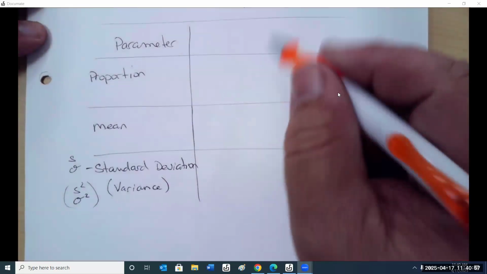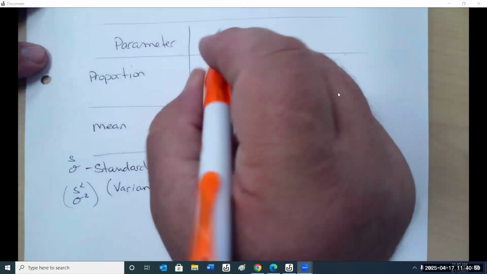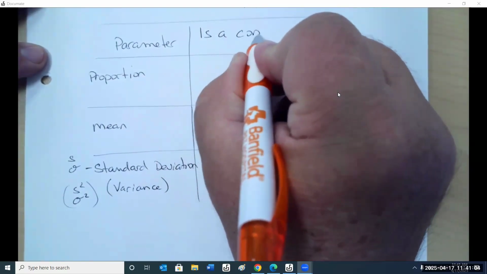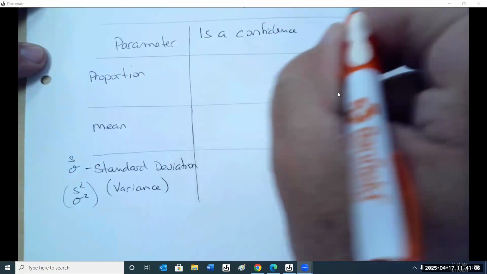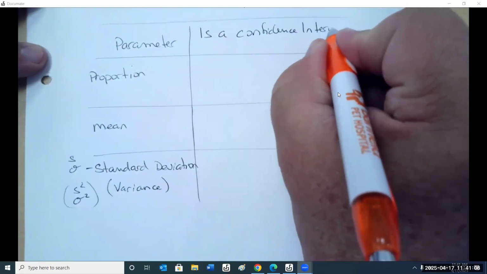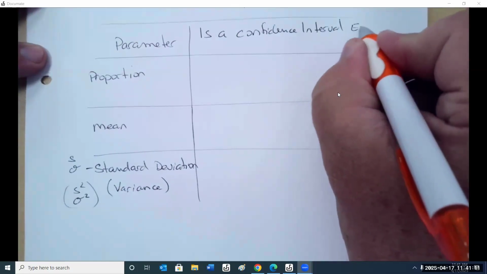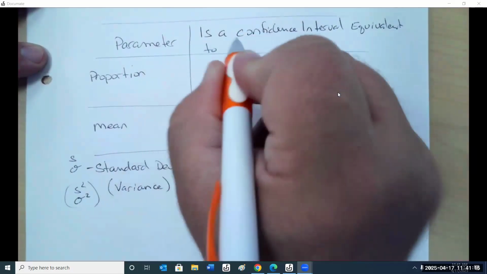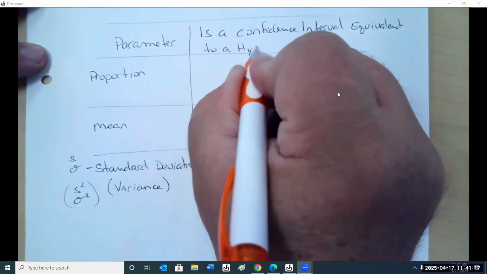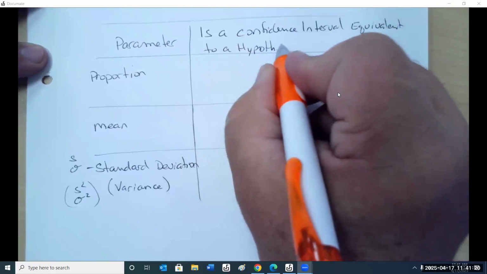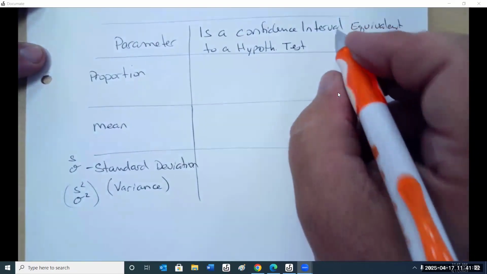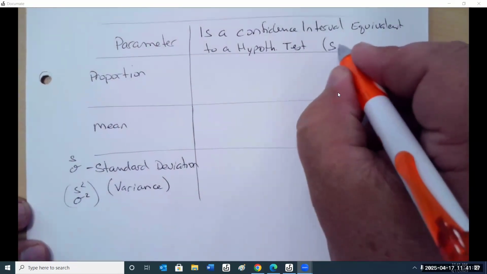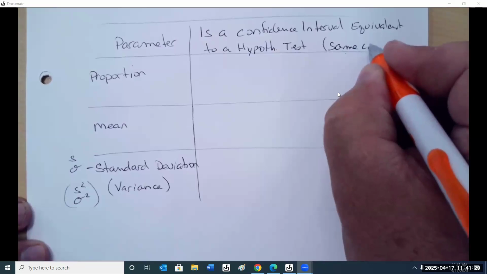Now, what this side is going to look at is: is a confidence interval equivalent to a hypothesis test? Do they come up with the same conclusion?